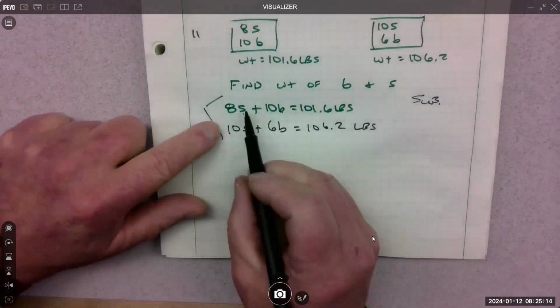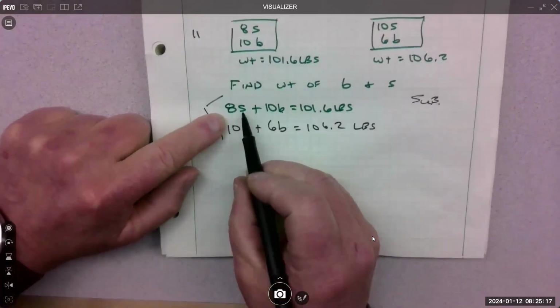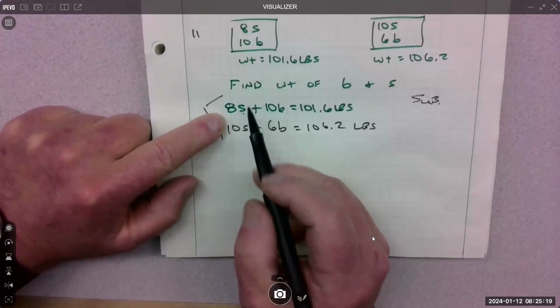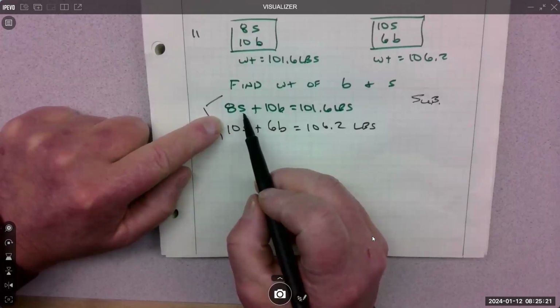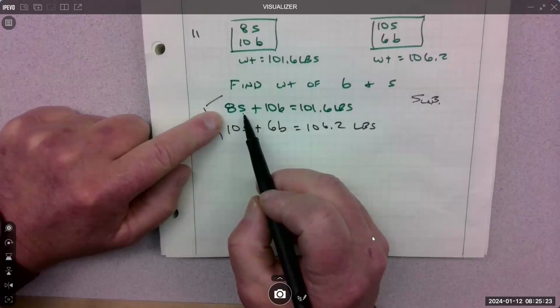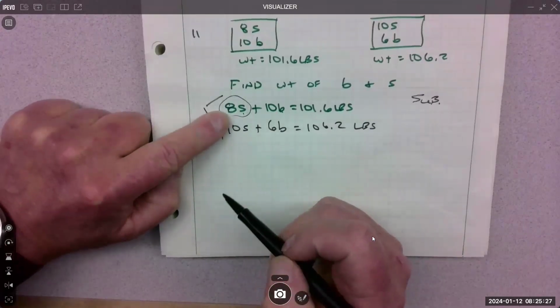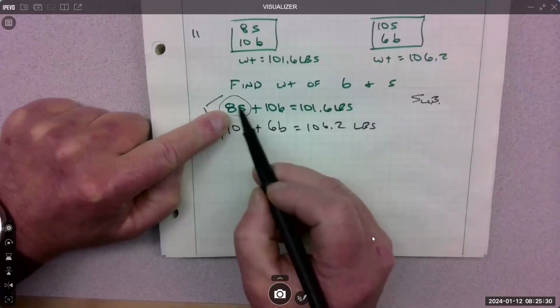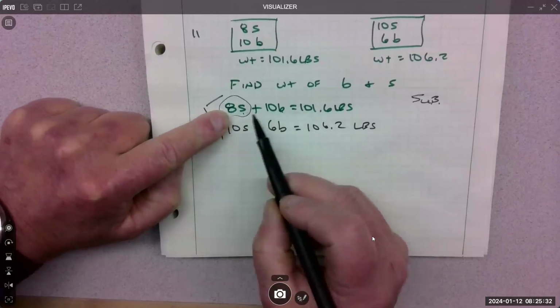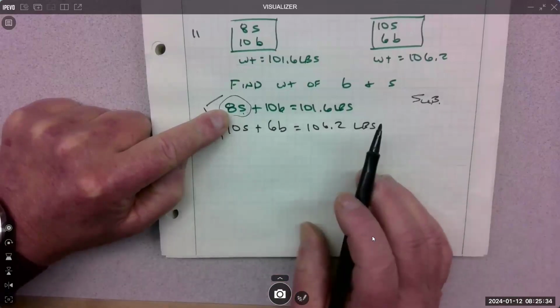So I'll solve the first one for S. So how do we get S by itself? I'd get this term by itself first, right? Get this all by itself. So how do we get rid of this? We minus 10B from both sides, right?